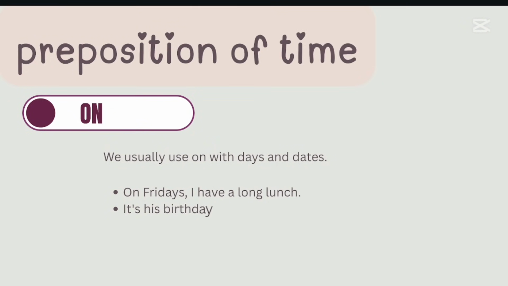Okay, the last preposition that we have is what we call the preposition on. So we use the preposition of time on if it's with days or dates. Exactly, specific days or dates. Like this one: On Fridays, I have a long lunch.